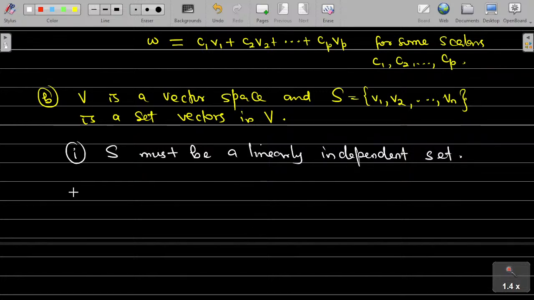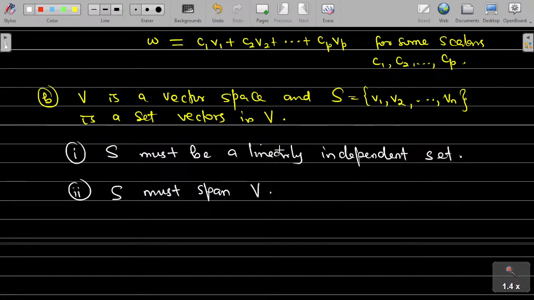The second condition is that S must span V. These are the two conditions for S to be a basis for a vector space. Basis just means that this particular set S has the capacity to produce the whole of the vector space by some linear combinations.